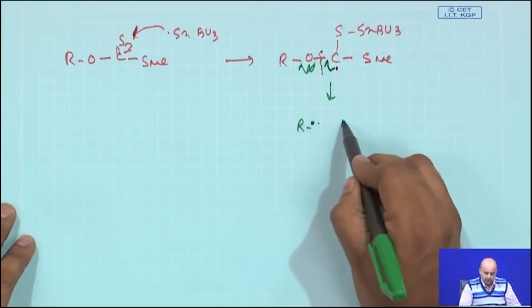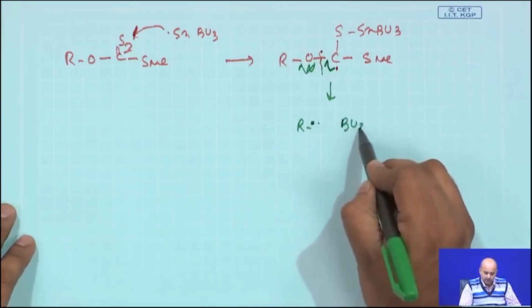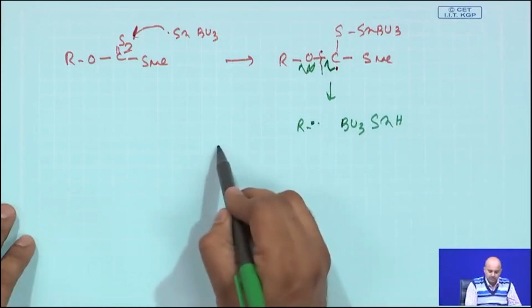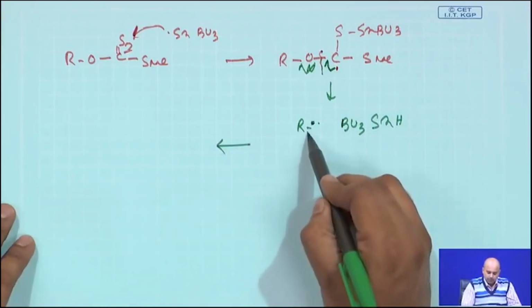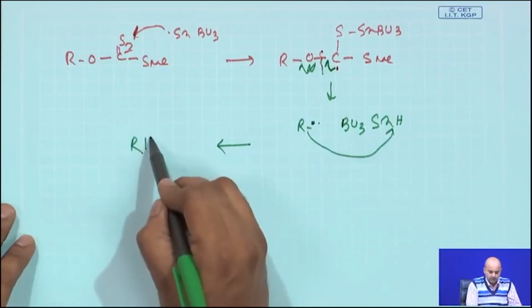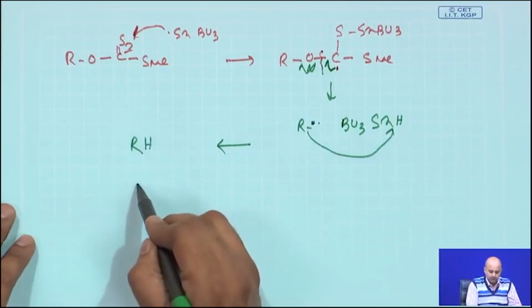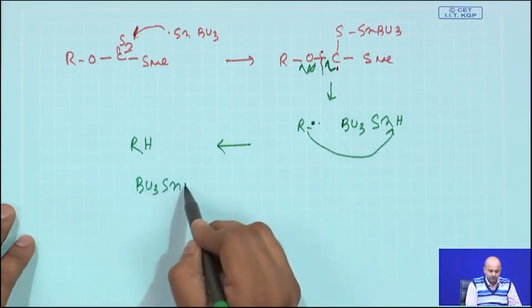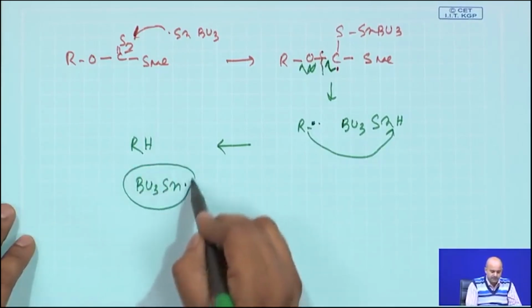Now, this R dot will get Bu3SnH, which is in the reaction mixture, and pick up the hydrogen from it. It will give you the hydrocarbon which is required, and you get Bu3Sn dot. So, Bu3Sn dot is regenerated.